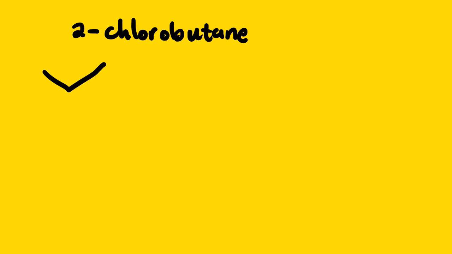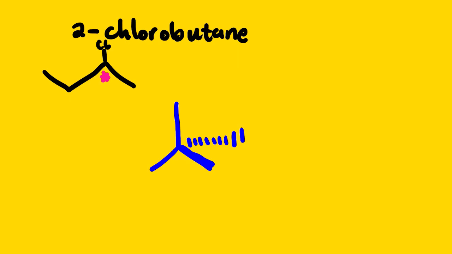So we start by drawing the structure, which is Cl. We can see that the tetrahedral center is here. Then we can put our hydrogen here, and then we can put our methyl here.